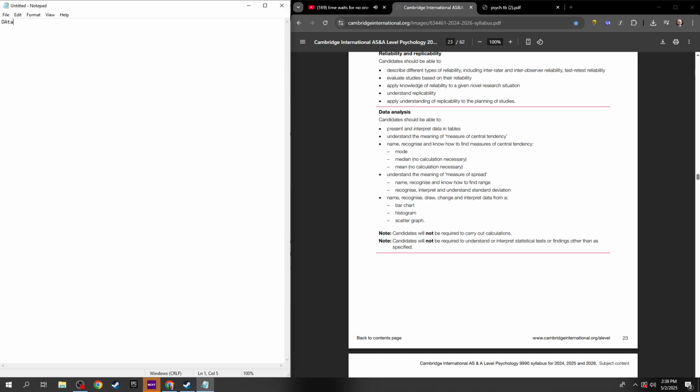So data, this, tables, measure of central tendency, find measures of central tendency.